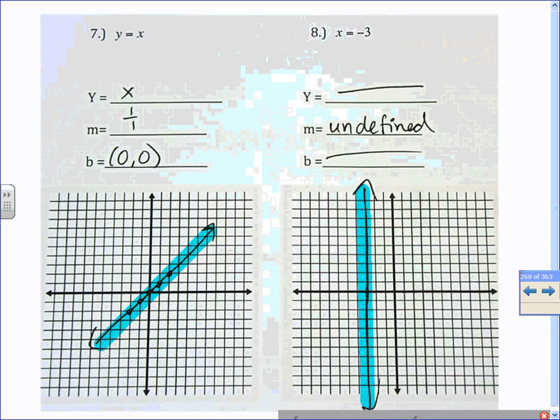If you don't know how to graph it, make a table, make all the x values -3, and make y whatever you want. If you don't remember that x equals a number goes this way, make a table. If it's x equals a number, your slope is always undefined, and there's never a b. Okay?